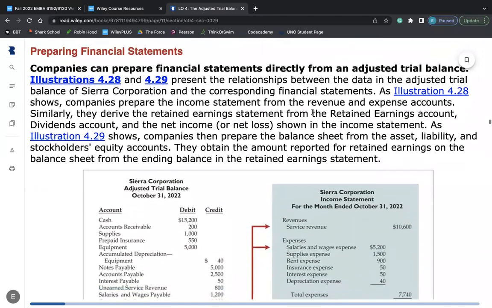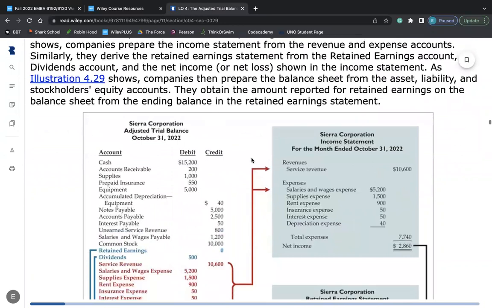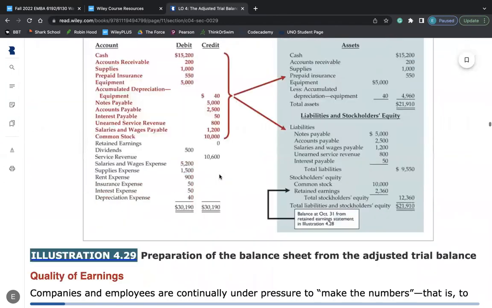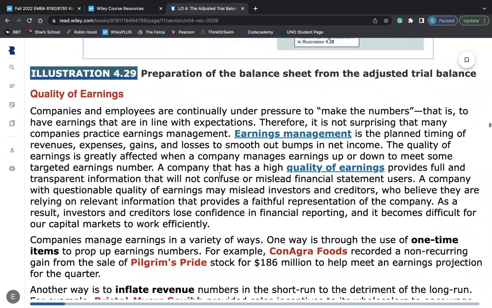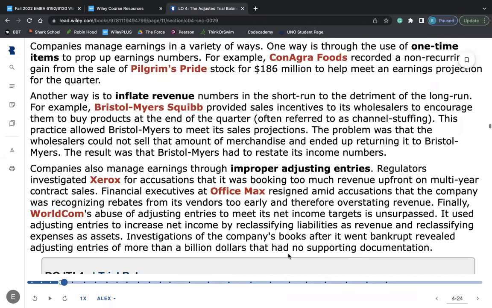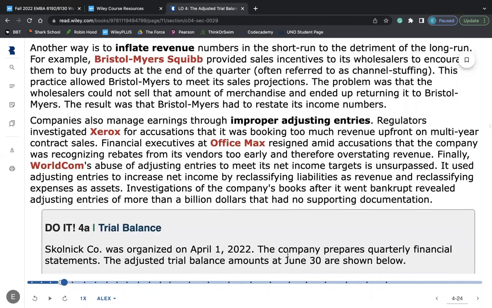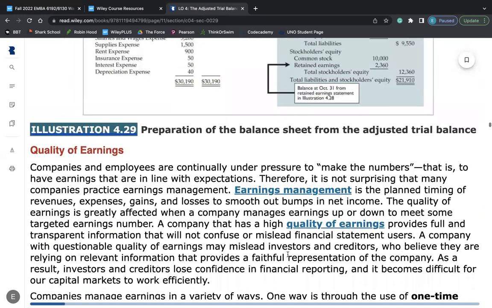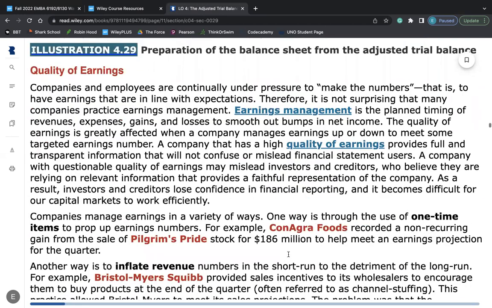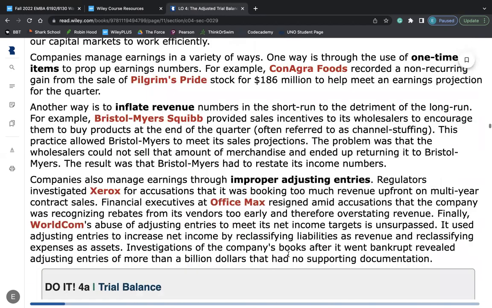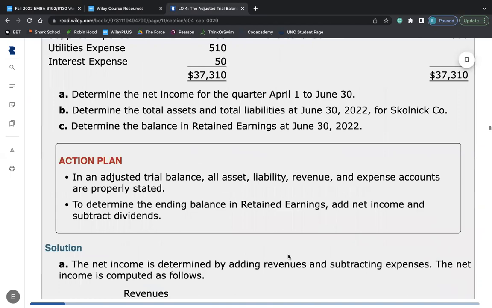And here it goes right there. This is all just factual stuff.